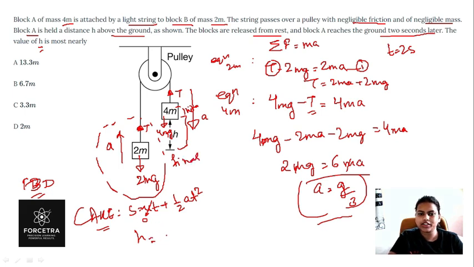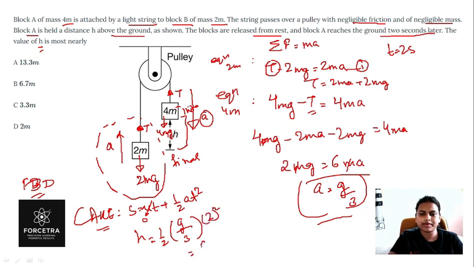Initial velocity is 0, half, and the acceleration is g upon 3. This is the net acceleration for the 4m body, and the time is 2 seconds, so we write 2 square.